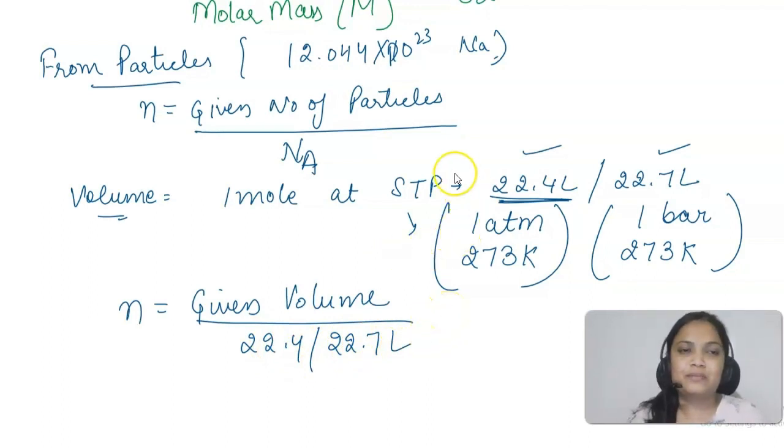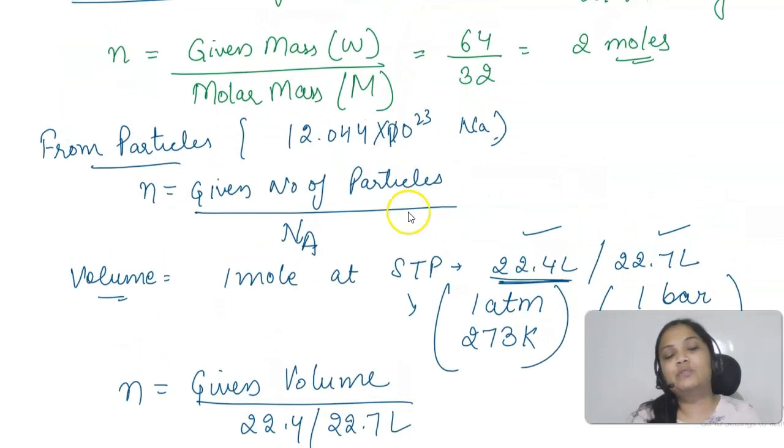By using these formulas only I can calculate anything: given mass, molar mass, particles. Suppose they tell you that you have 10 moles of water, how many particles will it have? You will just multiply 10 with Avogadro's number.